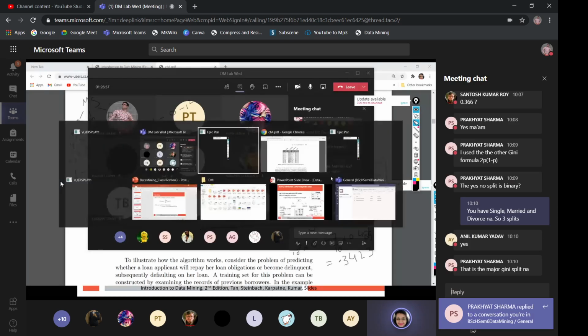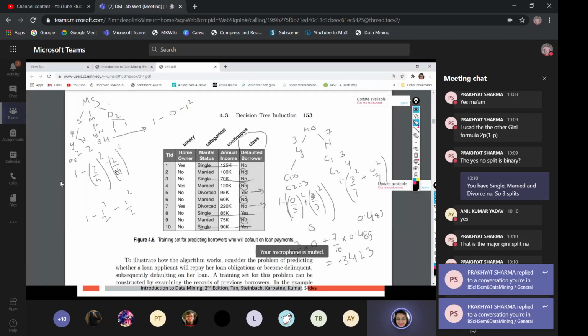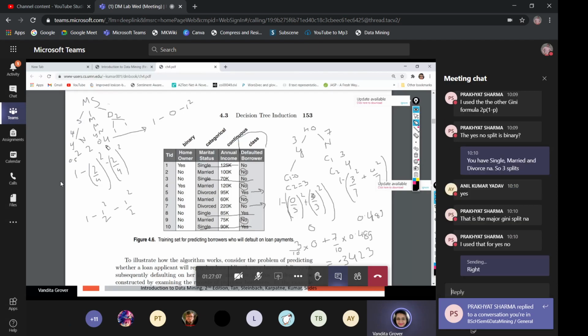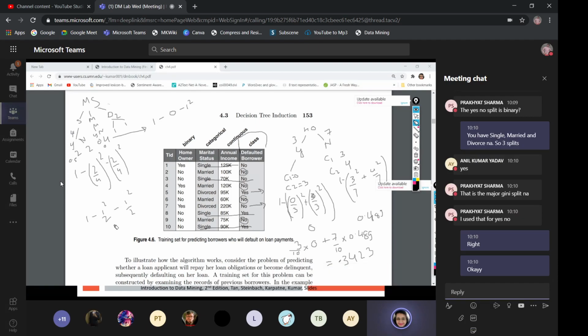Yeah, so basically what Prakhyat is saying is that at this level he has done the binary split. Okay, and this is 0, and for divorced we have the same thing, I guess, 0.5.